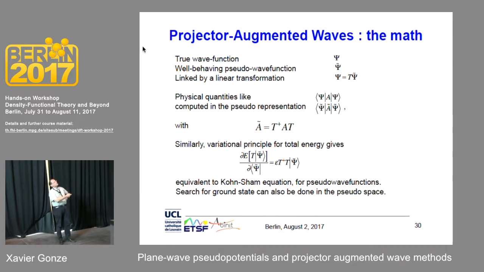We will have a variational principle for the total energy that can be transformed to the pseudo space and give an equivalent to the Kohn-Sham equation, where, just to give you a flavor, the right-hand side becomes epsilon T dagger T. So this is the S overlap matrix that appears naturally.